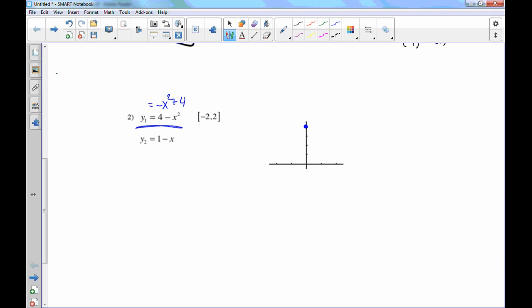Standard parabolas go down 1, right and left 1, down 4, right and left 2. And this one, rearrange it as well. Our y-intercept is 1, and our slope is down 1, right 1, up 1, left 1.